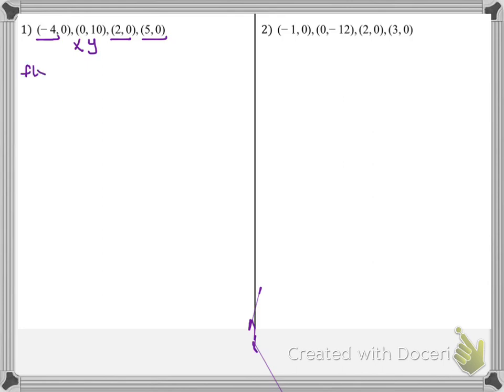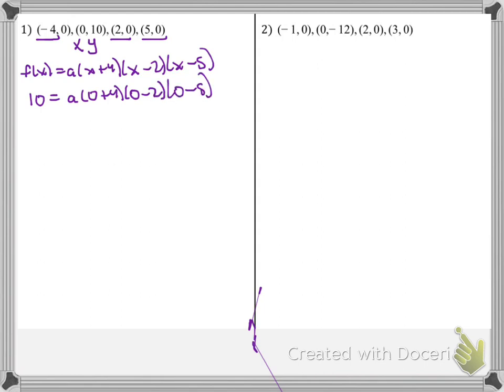So in this example, you write f of x equals a times (x plus 4) times (x minus 2) times (x minus 5). Y is 10. 10 equals a times (0 plus 4), (0 minus 2), (0 minus 5). This is 10 equals, let's see, 4 times positive 10.